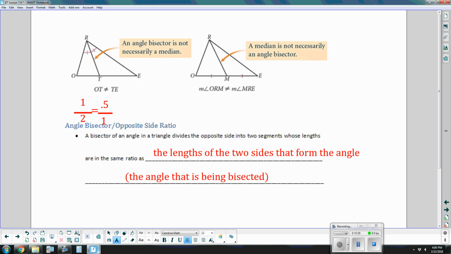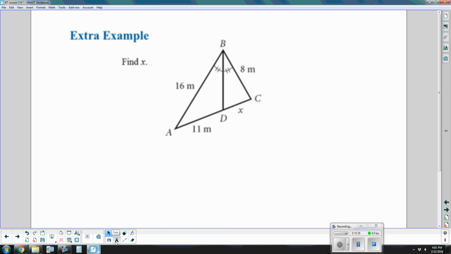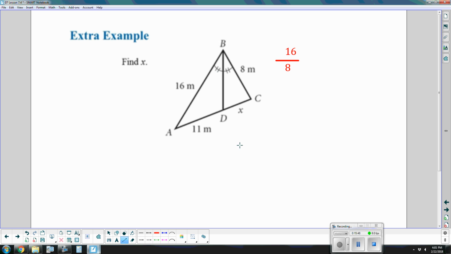So let's use that last conjecture to solve this problem. So here are the two sides, 16 to 8. That ratio is going to be the same as the two segments that are formed by the bisector. So that's going to be the same ratio as 11 to x.